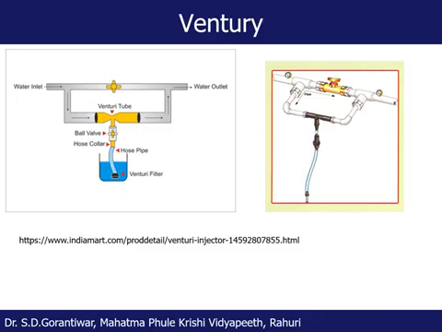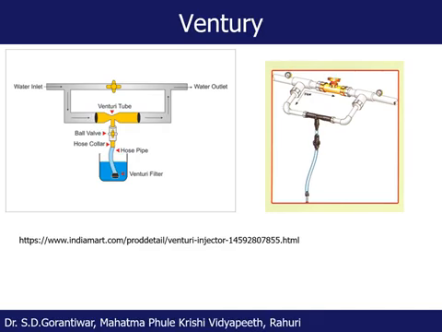So there is a pressure difference between this inlet and this particular point, and because of this pressure difference, the fertilizer solution kept in the bucket or container here will be sucked into this pipe, mixed with the water and carried towards the outlet. This is the venturi unit shown here.